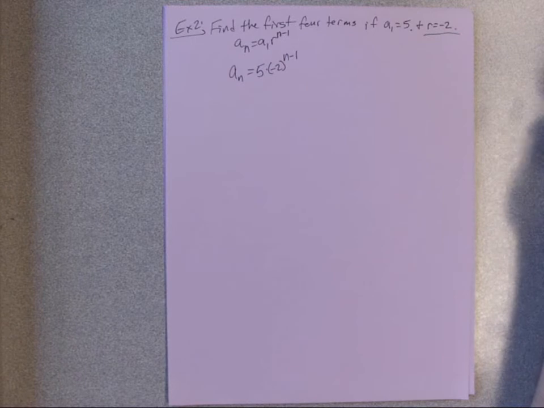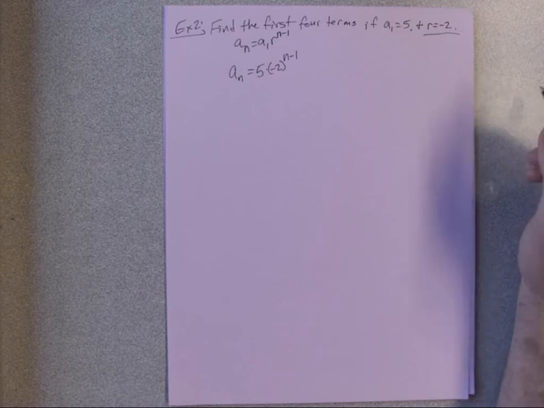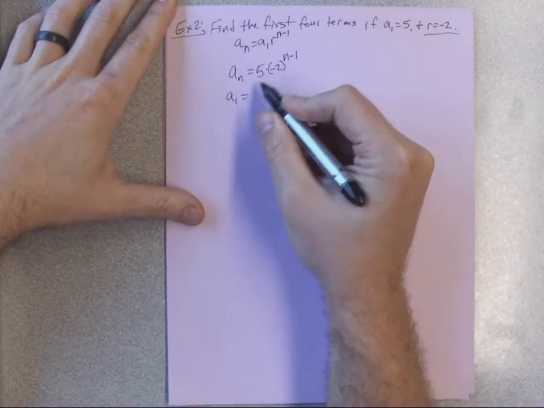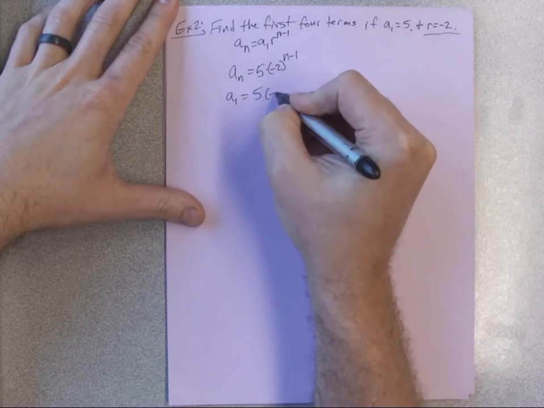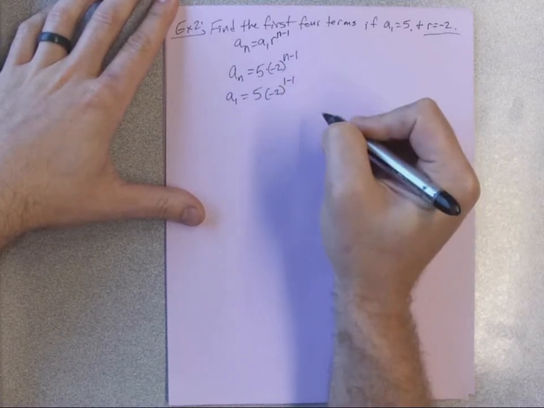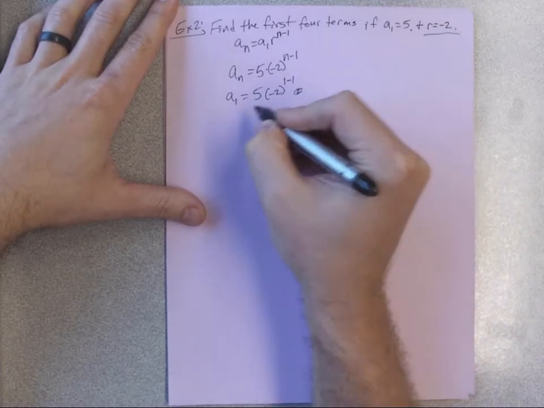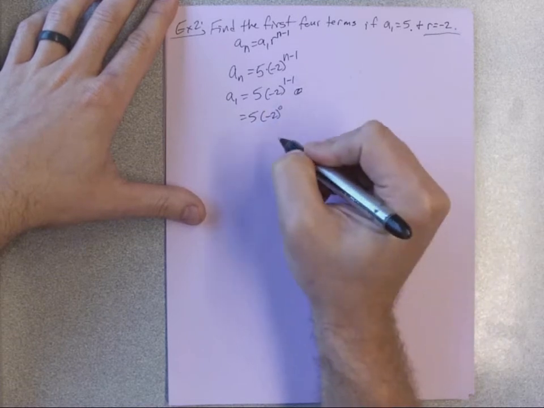And all we want to do now is find the first 4 terms of this. So go ahead and pause the video again and do that part. a1 means we plug 1 into this sequence for n. 5 times -2 raised to the 1 minus 1 power, which is equal to 5 times -2 to the 0.